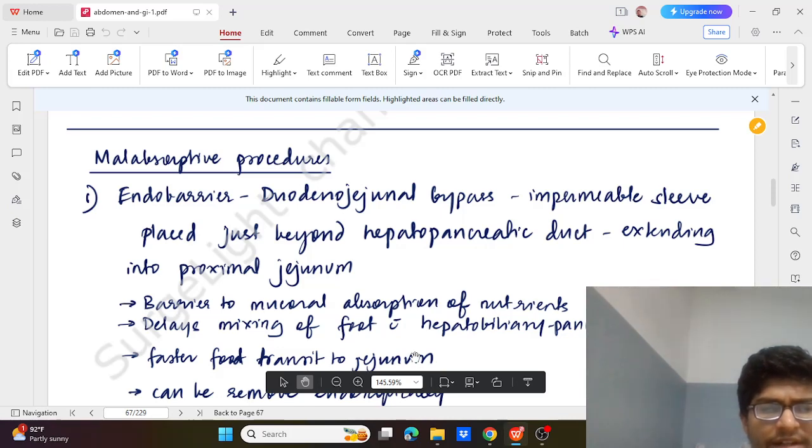Sometimes there is even recurrent weight gain, obesity again. So these are all the complications.